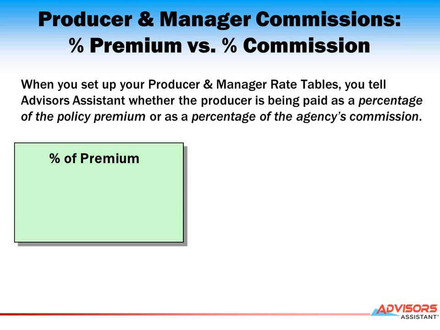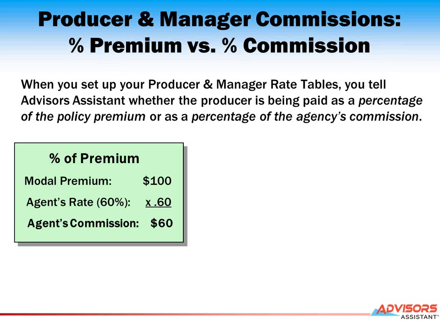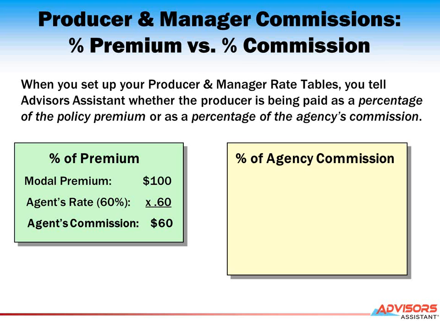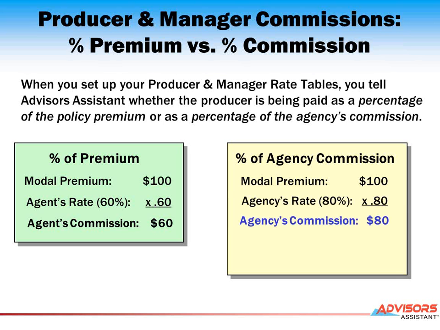A percentage of premium calculation is pretty straightforward, as we just saw. Advisor's Assistant takes the modal premium from the policy times the agent's rate from the rate table to calculate the agent's commission. Now, if you tell Advisor's Assistant the producer is paid as a percentage of agency commission, first, Advisor's Assistant has to calculate the agency commission.